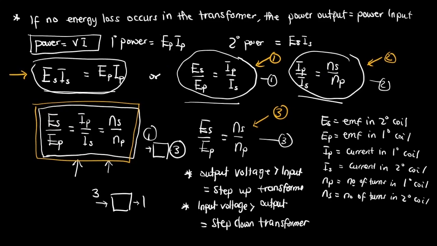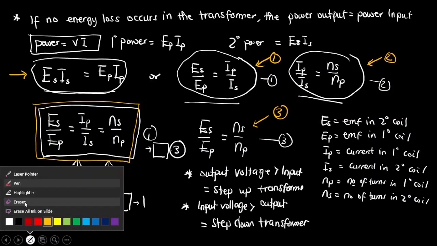And if the input voltage is greater than the output voltage, we call that a step down transformer. Now let me quickly draw what a step up and step down transformer looks like, and then we can continue from there. Mind you, these are the expressions that we are going to be using for our calculations.